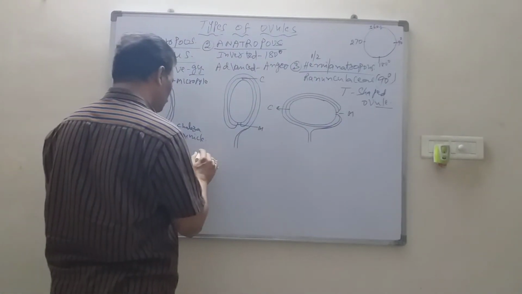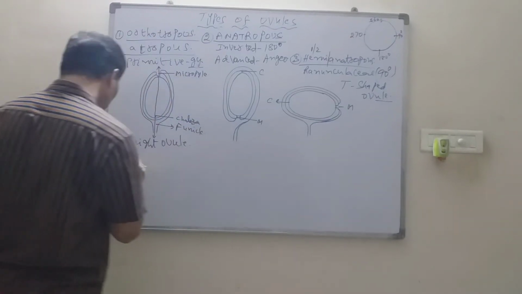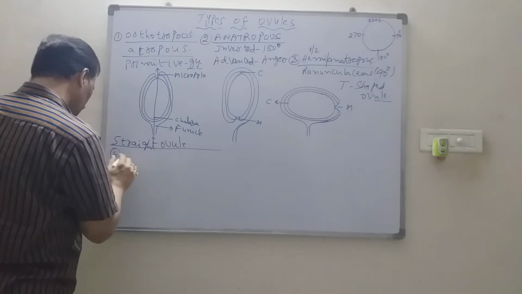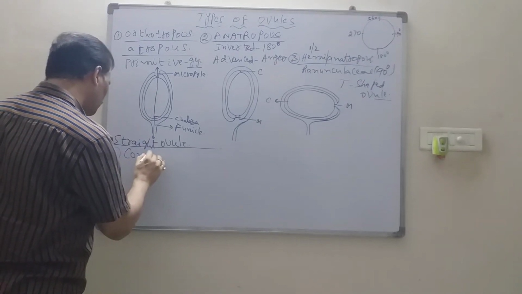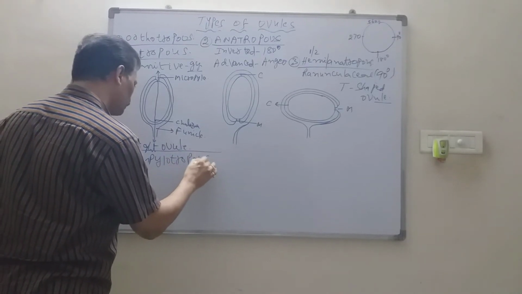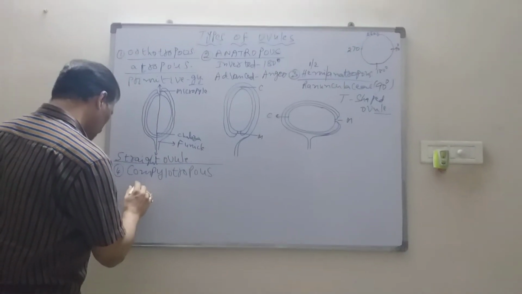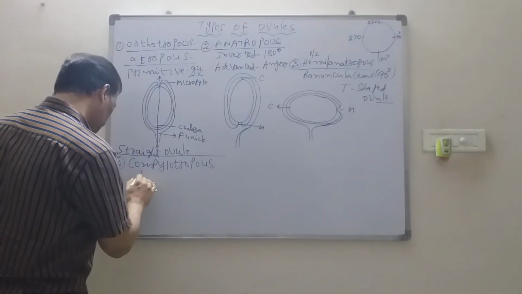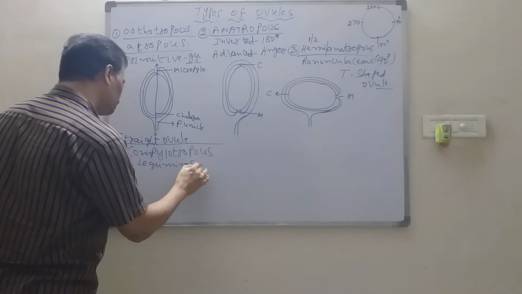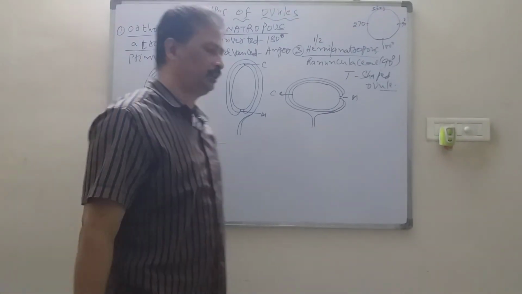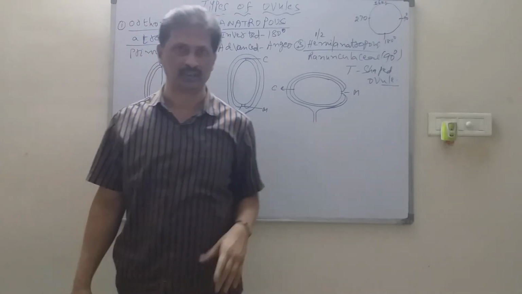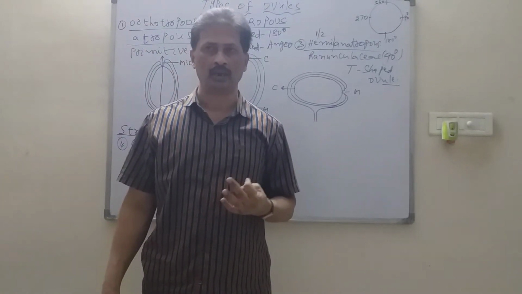Now we will see the fourth type of ovule. That is called campylotropous. The campylotropous ovule is found in the family called Leguminosae. Leguminosae is one of the families where you can find different types of pulses like black gram, green gram, or red gram.